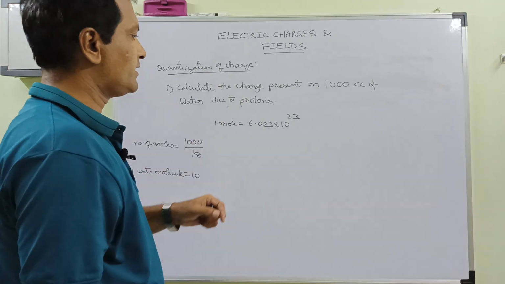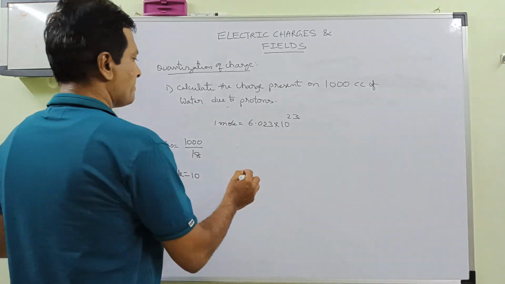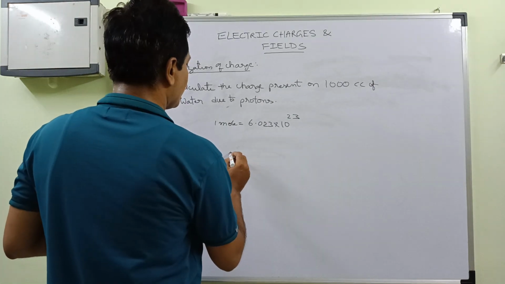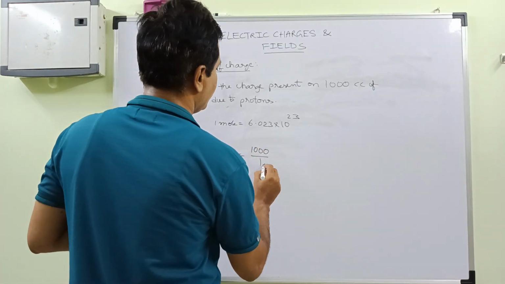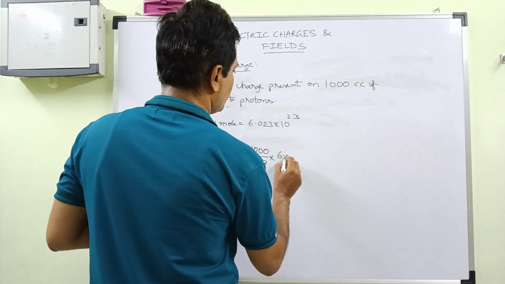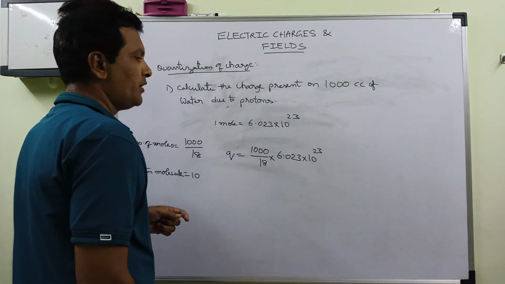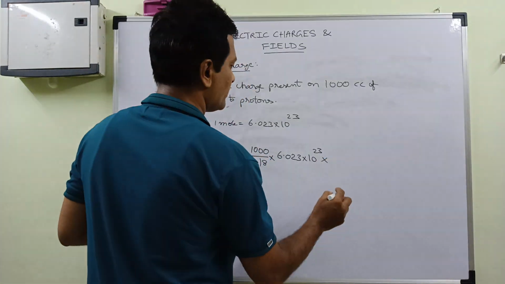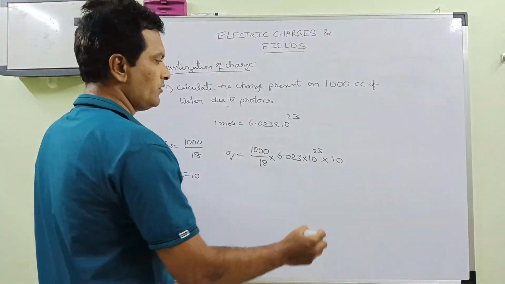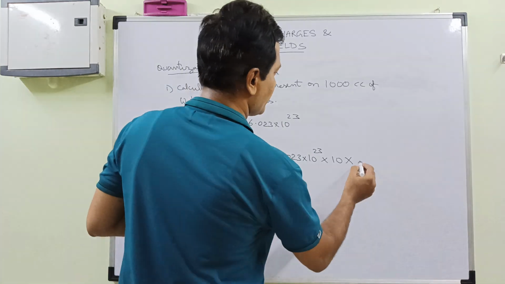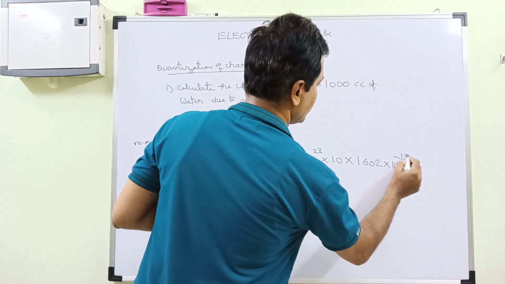We will calculate the charge present on 100 cc of water due to protons. The charge Q will be equal to 100 by 18 into 6.023 into 10 to the power of 23, the number of molecules present in 1 mole of water, and into 10, the number of protons present in each molecule, into the charge of electron, 1.6 into 10 to the power of minus 19.